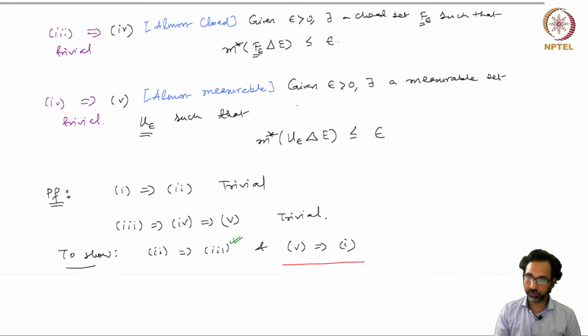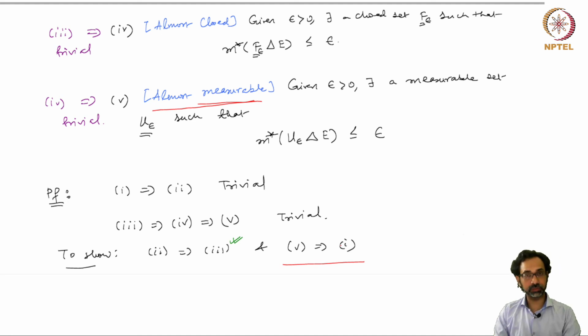So recall that 5 is the almost measurable condition, which says that given epsilon greater than 0, there exists a measurable set U epsilon such that the symmetric difference of U epsilon with E is less than or equal to epsilon, and then we have to produce an open set that contains E such that the outer measure of that open set minus E is less than or equal to epsilon. So this would be 5 implies 1.